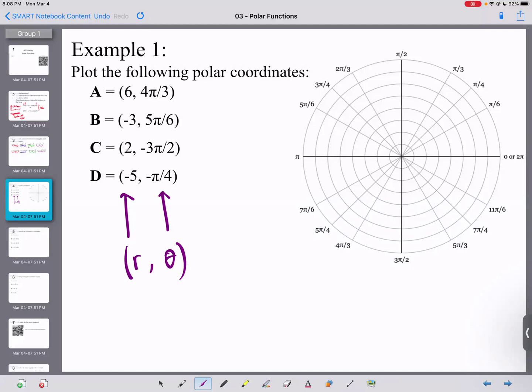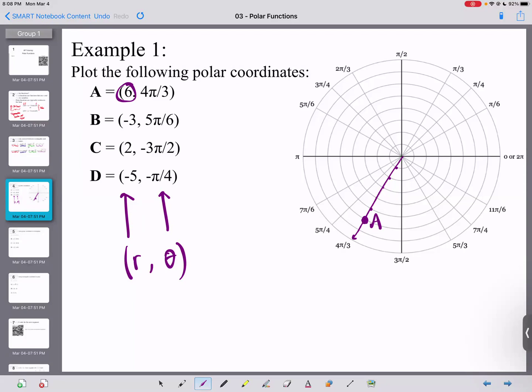So 4 pi over 3 is on this angle here. I'm going to draw what's technically called the vector, going towards 4 pi over 3. And with the number 6, I go out to the 6 on that line. So 1, 2, 3, 4, 5, 6. This point right there would be point A.